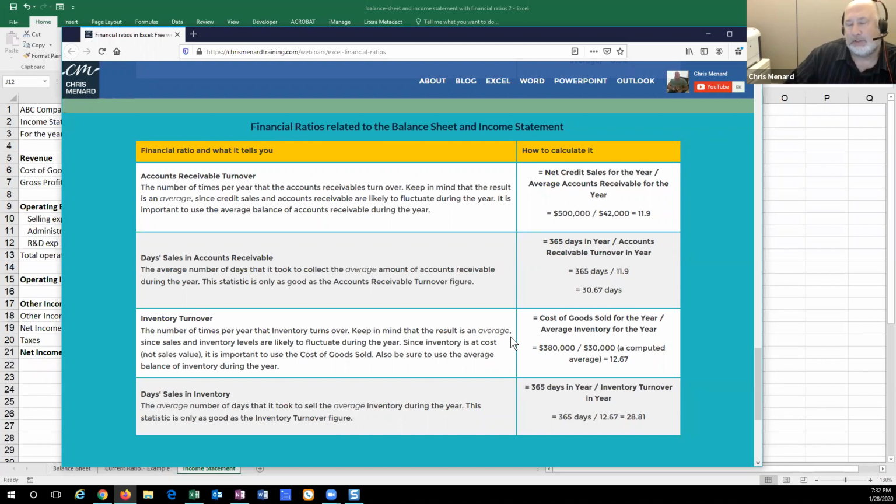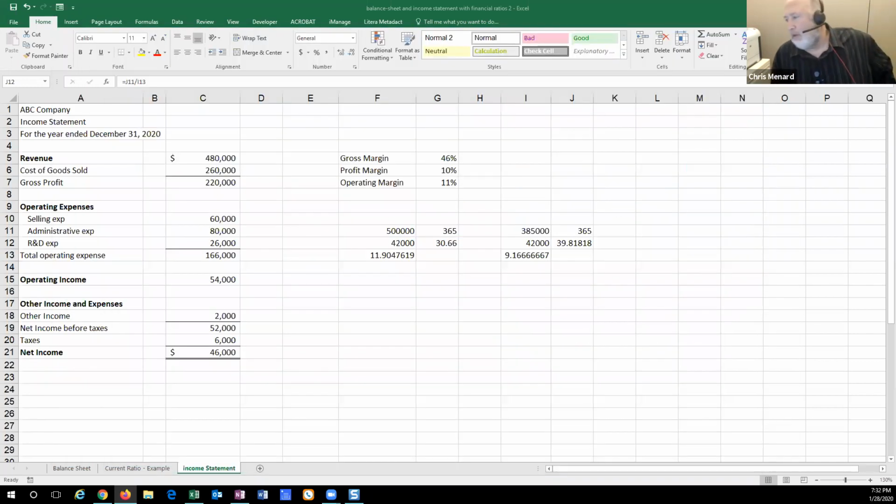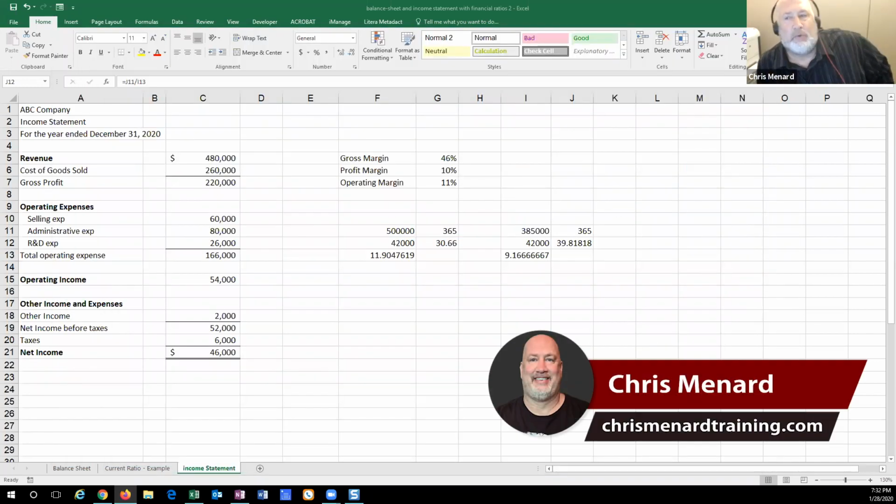Notice again, the reason it's two financial statements, I would take the cost of goods sold, which is on your income statement, and I'll divide by the inventory, which is a current asset on your balance sheet. And again, the last two tie into each other. It's how quickly you're turning over your inventory. Anyone have any questions or comments?